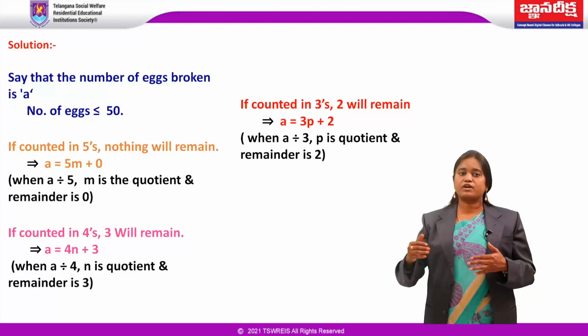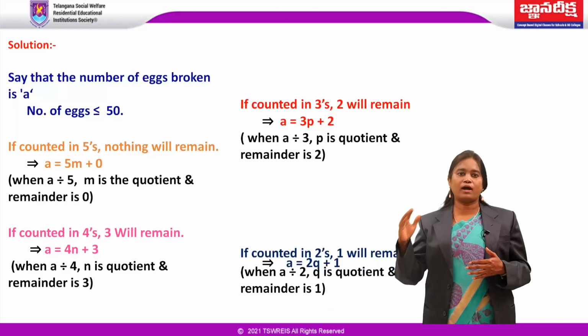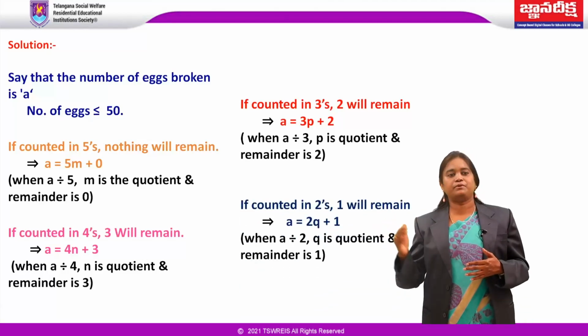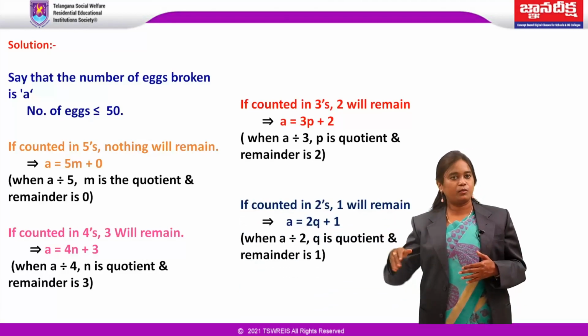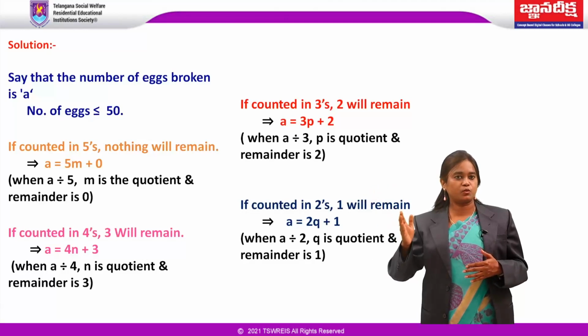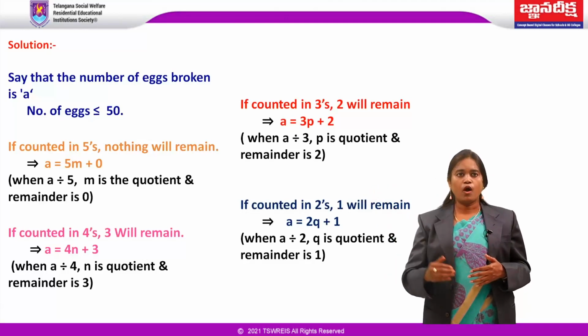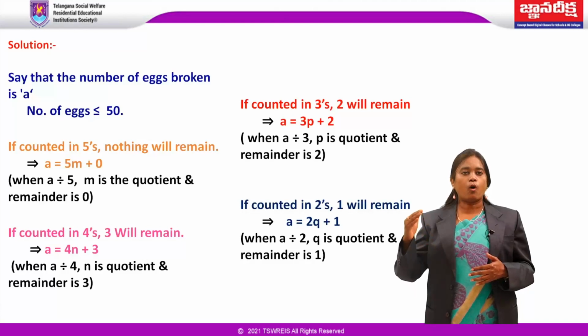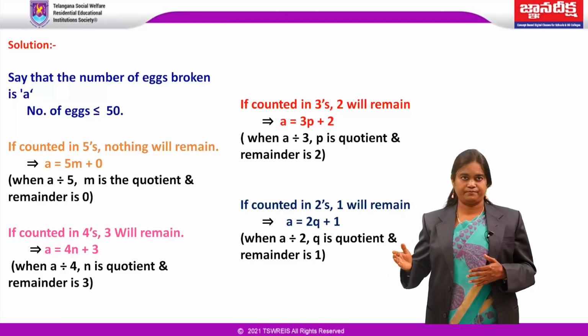Next, if counted in twos, 1 will remain, which can be written as A is equal to 2q plus 1. So, we represented what the trader said in the form of equations.